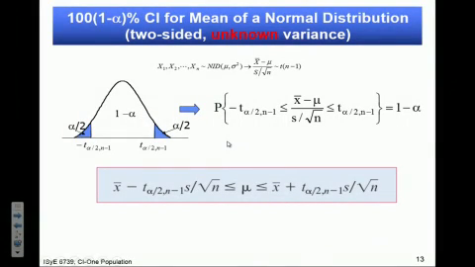Now, let's talk about the case that we have a normal distribution and neither mu nor sigma is known. Okay?